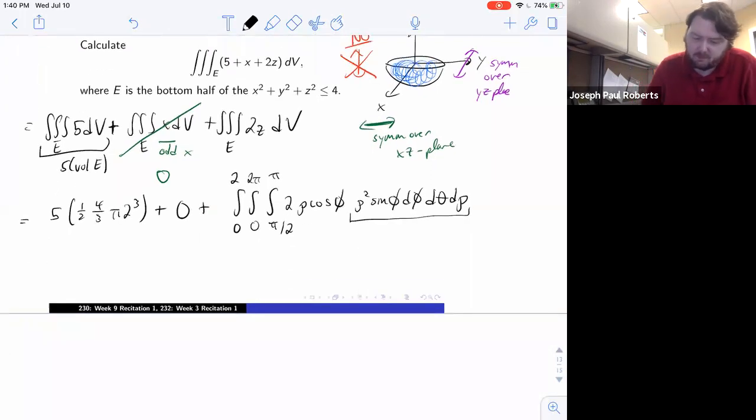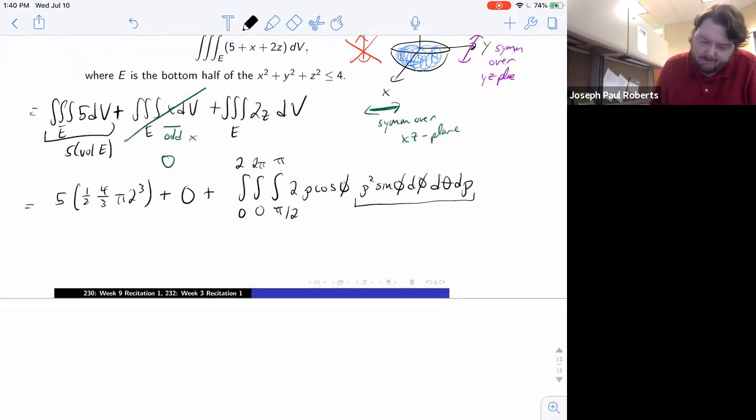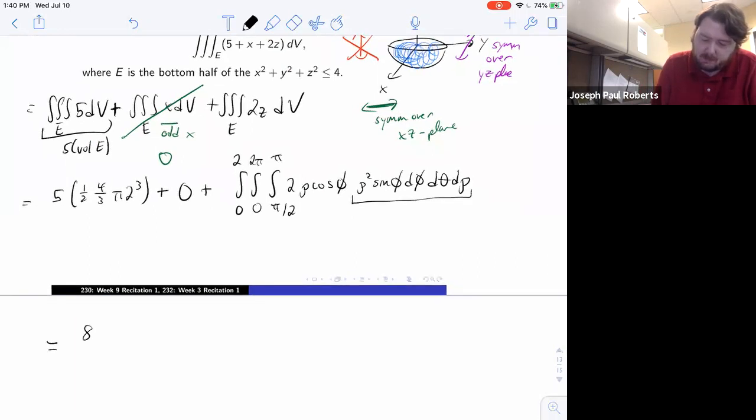And so just like before, what we get, this is 80/3 pi, 2 times, yep, looks good to me. And then we can do our good old separable integrand.